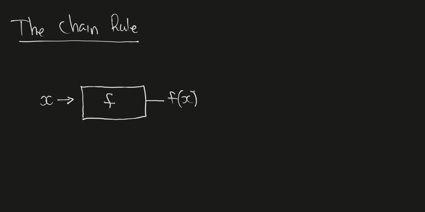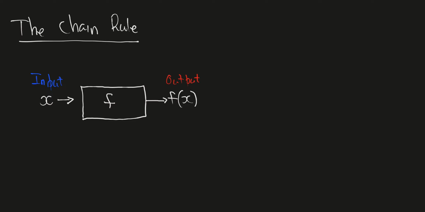It could be something else, right? But what's most important about this is that you have an input. This is like the before. And then you have this magic box that does something to your input, and then it produces an output, right?